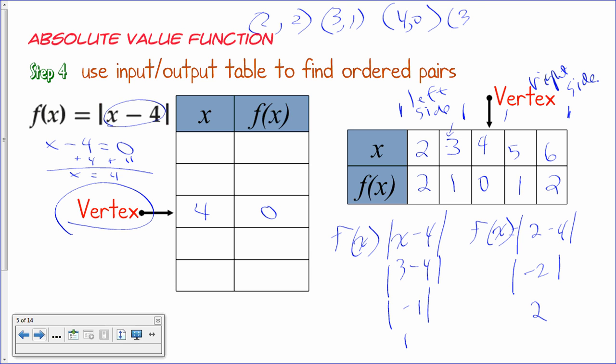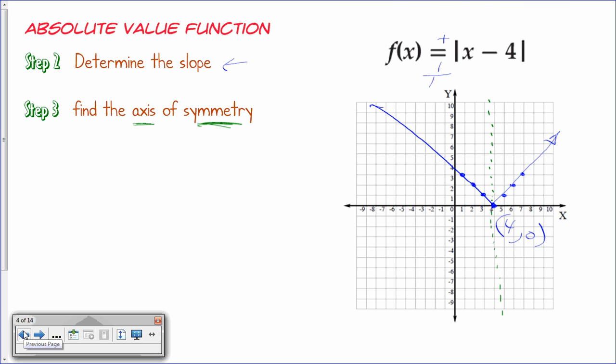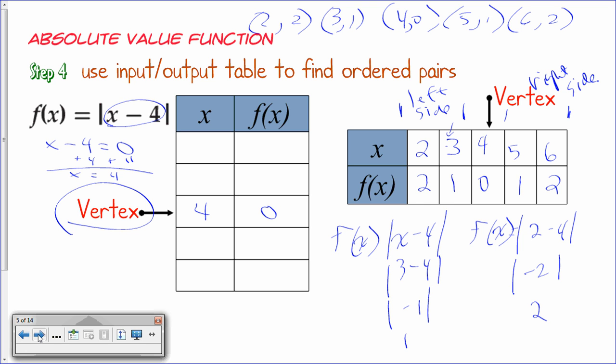What is it on the right side? 5 and 1, 6 and 2, 7 and 3, right? Do those match up? Okay, so you got a couple different ways you can do it, right?